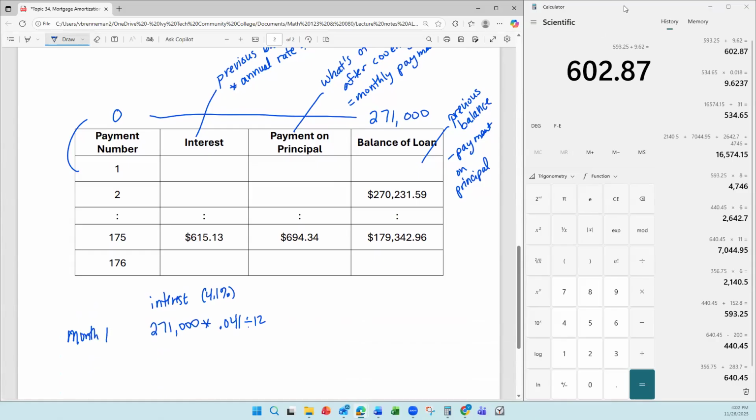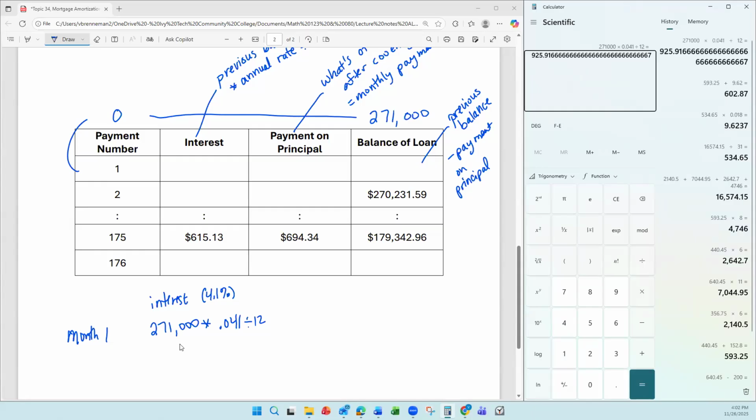Well, I'll do that calculation. 271,000 times 0.041 divided by 12. 925.916 repeated. It's going to round to 925.92. So I'll write that here. 925.92 is the interest there.